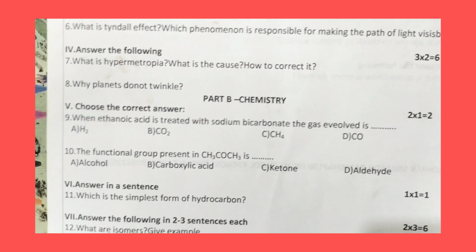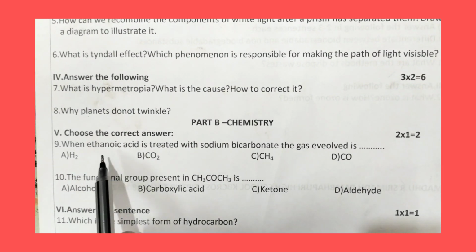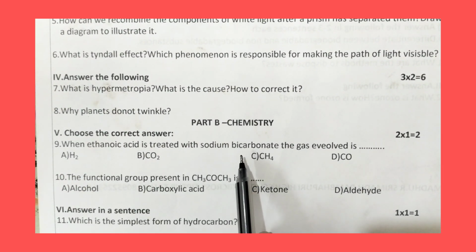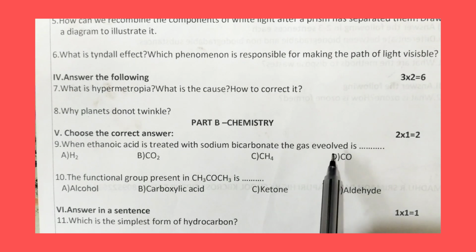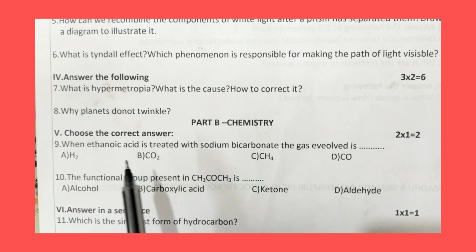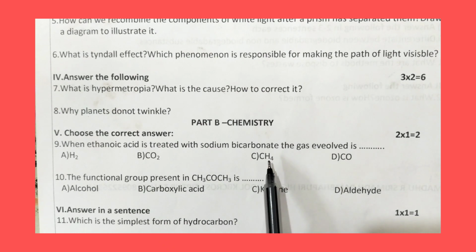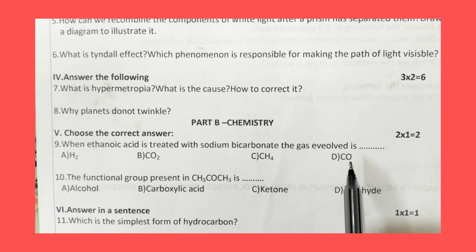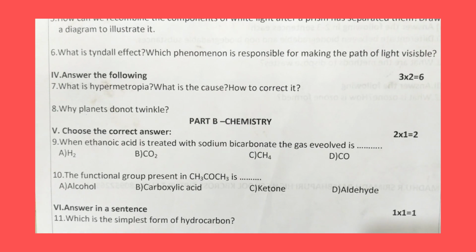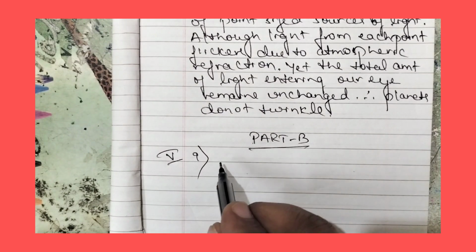The first question is, when ethanoic acid is treated with sodium bicarbonate, the gas evolved is hydrogen, carbon dioxide, methane, or carbon monoxide. So what happens when ethanoic acid is treated with sodium bicarbonate?